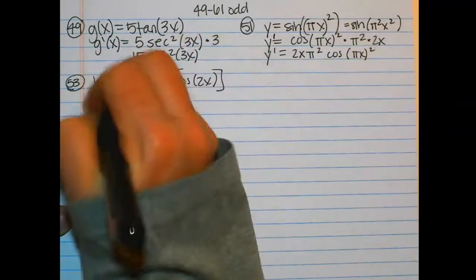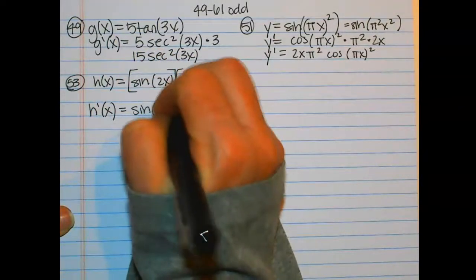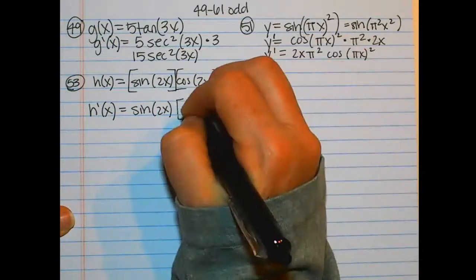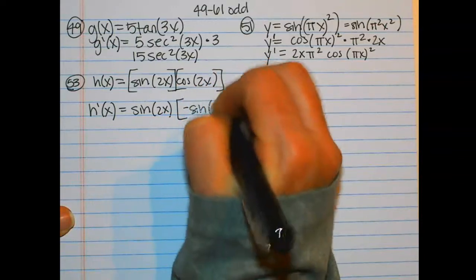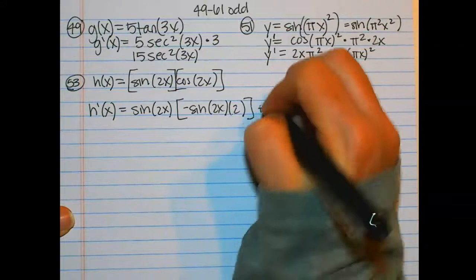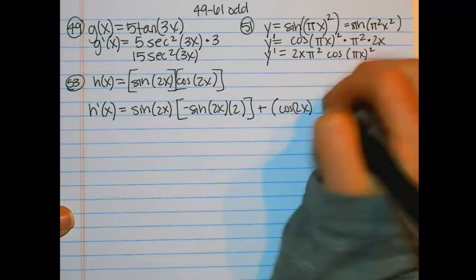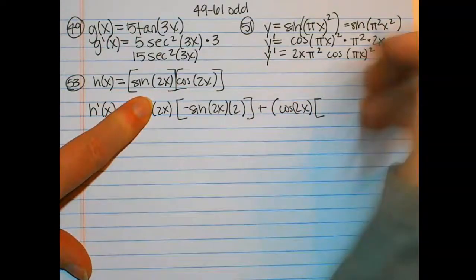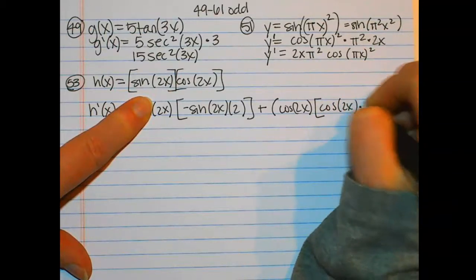So when I do h prime of x, I'm going to do first times the derivative of the second, which is the derivative of cosine, negative sine, keep the baby, times the derivative of the baby, plus the second, cosine of 2x, times the derivative of sine of 2x. So sine is going to be cosine, keep the baby, times 2.